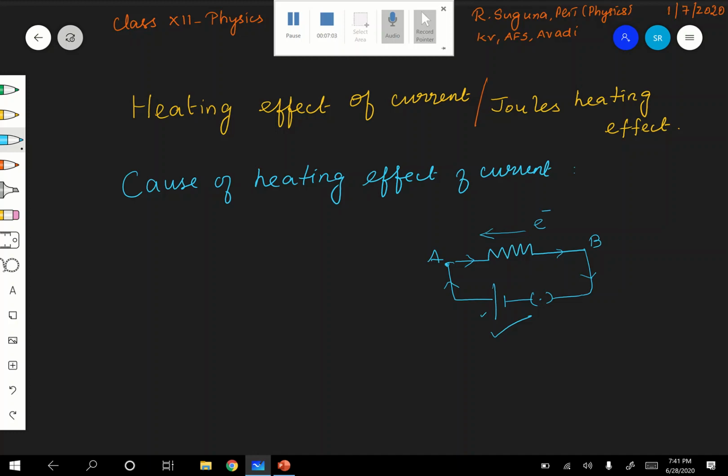Okay, therefore, the electrical energy supplied by the source, here the battery, you know very well, energy can neither be created nor be destroyed.